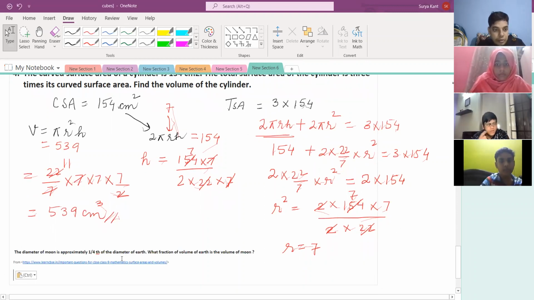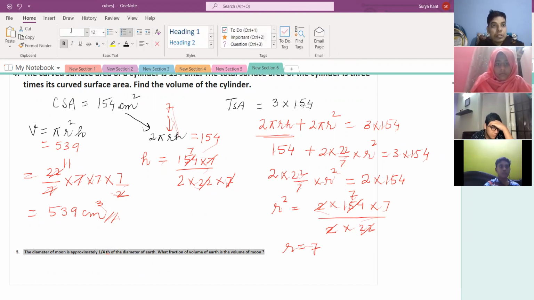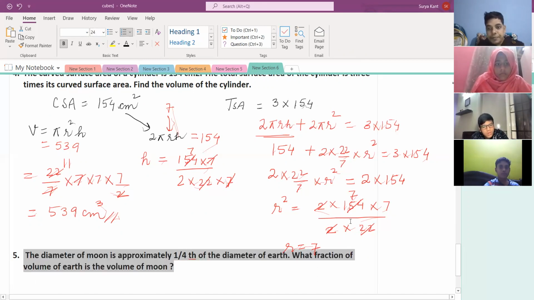So are these NCERT questions? None of this is an NCERT question. All are extra questions of surface area and volumes for class 9th. It may be NCERT also, who knows? Maybe NCERT also, right? Yes, I think these are NCERT, they seem kind of clear.